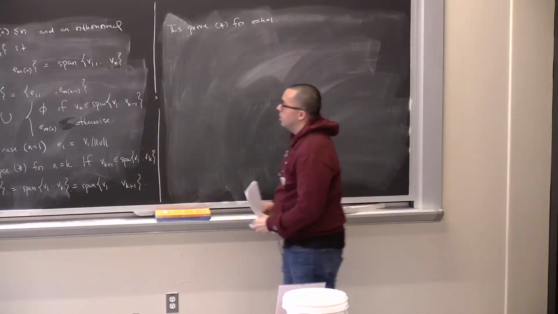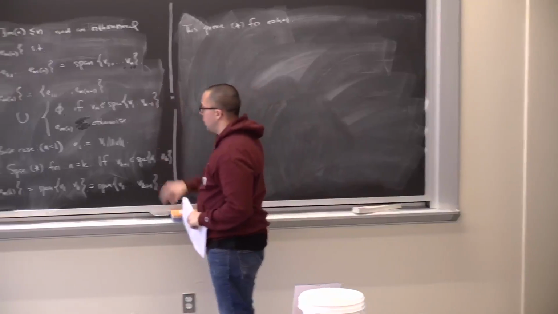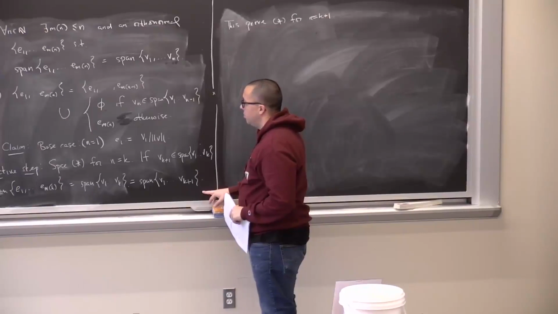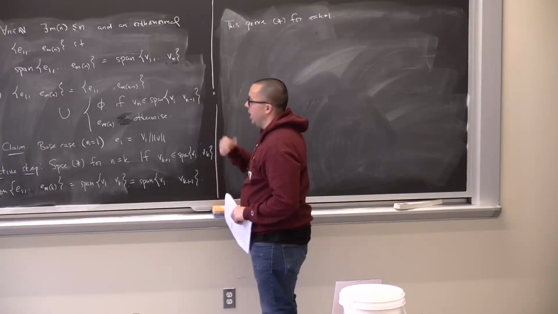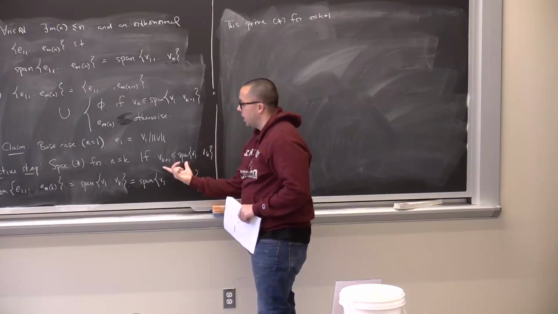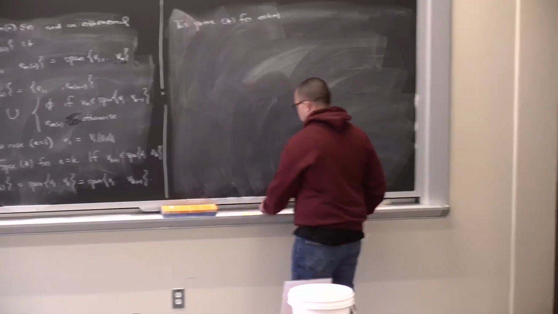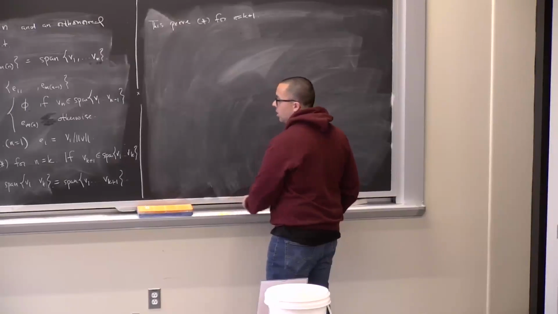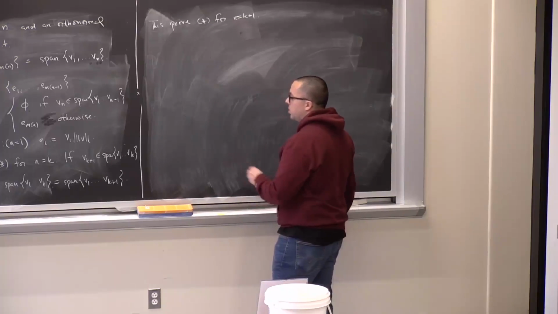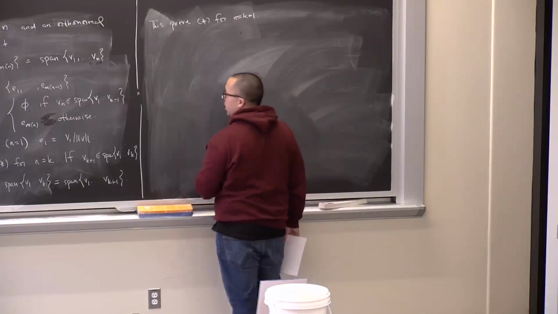This proves what we wanted for n equals k plus 1 by not adding anything. This was the case that V_{k+1} is in the span of V1 up to Vk. Now let's do the more interesting case of V_{k+1} not in the span of V1 up to Vk.